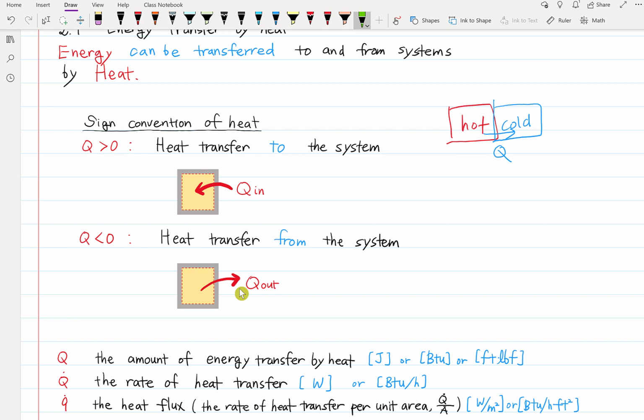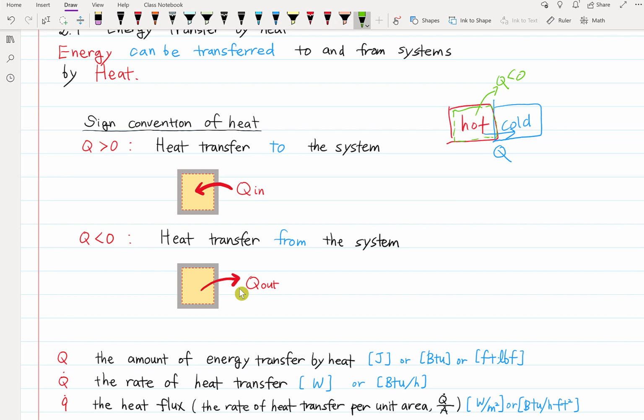So if we take the system in the hot object, heat is transferred from the system. So Q is out. So Q is negative.